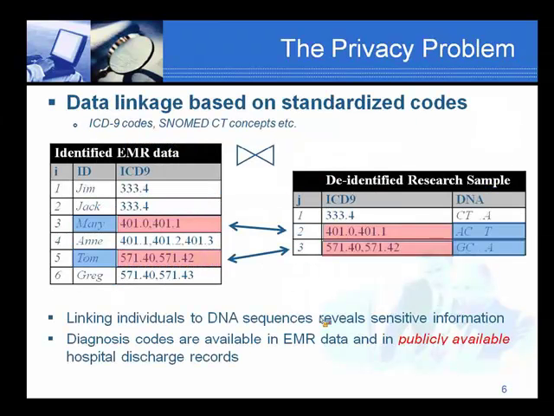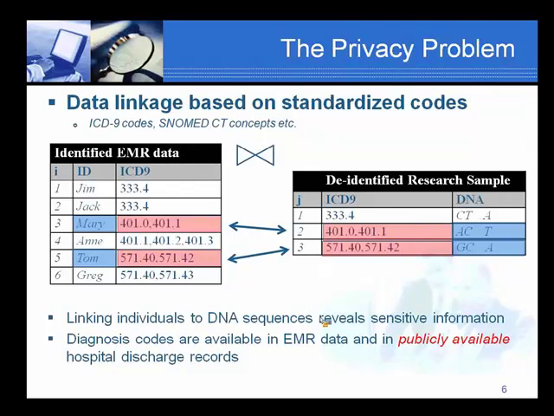In our work, we consider re-identification of individuals, but we restrict our attention to data linkage based on standardized codes. For example, imagine that an institution wants to share a table on the right. This table contains no names or social security numbers, but just diagnosis codes and genomic information to support, for example, a study.